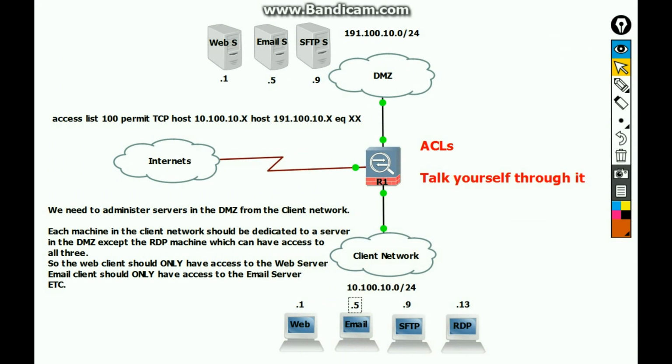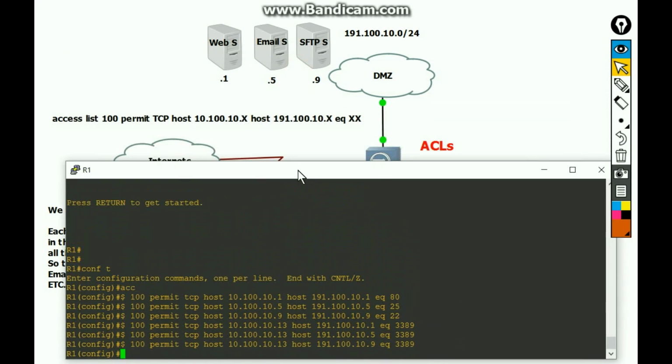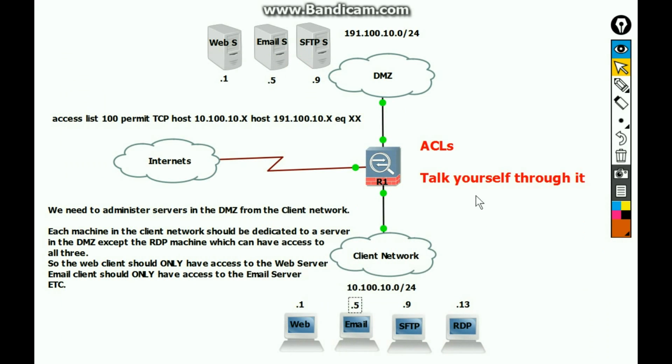Let me pull up that access list again. So pretty much this is what it looks like. Just follow the syntax. If you have trouble following the syntax, talk yourself through it, like it's a story. Where is it going? What protocol am I using? Where is this packet destined to?